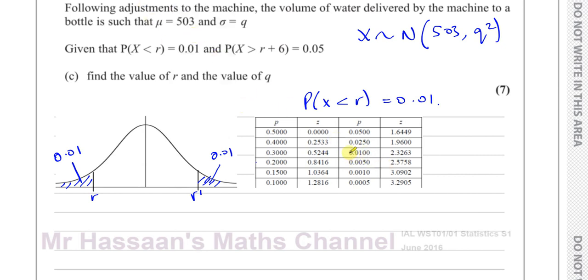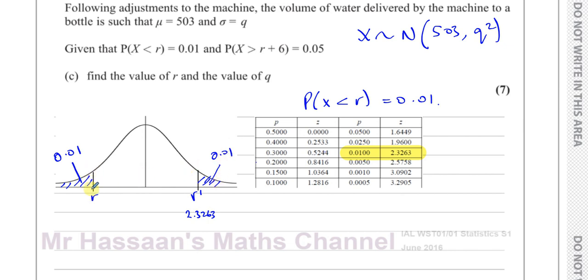So I know that this z value here is 2.3263. So I know the z value here, this is 2.3263 standard deviations above the mean if the area to the right of it is 0.01.